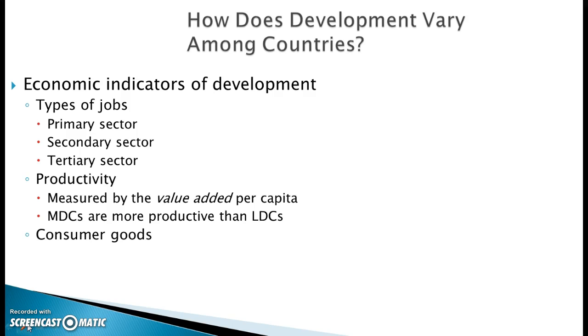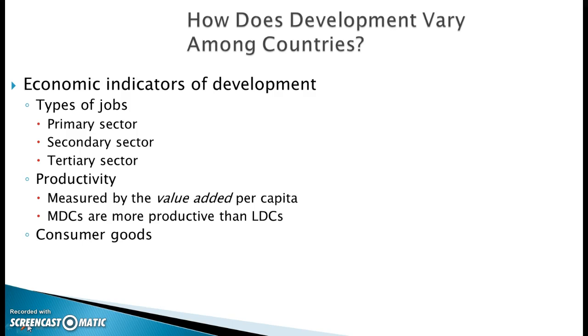So how does economic development vary among countries? Again, we can talk about those economic indicators of development, right? We did this a little bit with the last unit, talk about types of jobs. So if most of your folks work in the primary sector, so they're doing resource extraction, agriculture, and that kind of thing, you're a lesser developed country. If a lot of your folks work mostly in the secondary sector, that manufacturing sector, you're kind of in the middle.